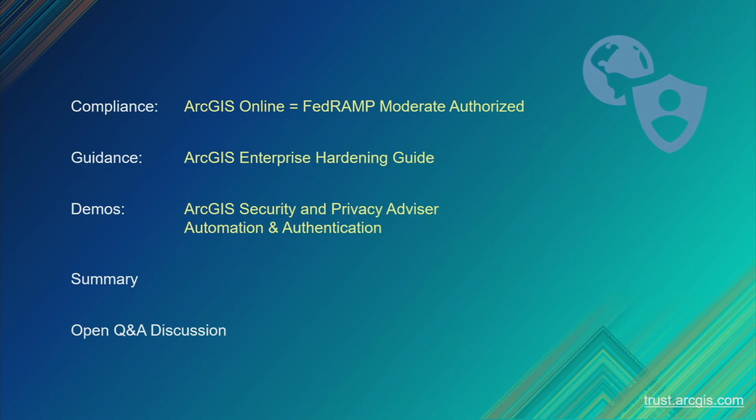Yes? Question is, when is the API key coming to Enterprise? It is available at 11.4. And if you want to meet me at the Expo Island, I'm at the security booth.